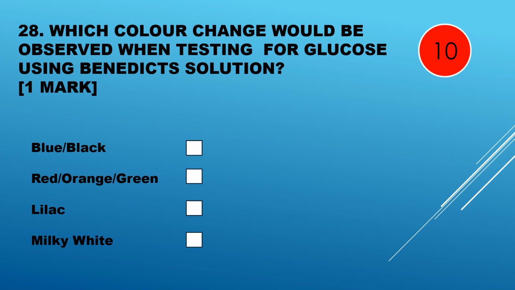Which colour change will be observed when testing for glucose using Benedict solution? Would it be blue-black, or red-orange-green, or lilac, or milky white? Benedict turns red, orange or green from blue when testing for glucose.